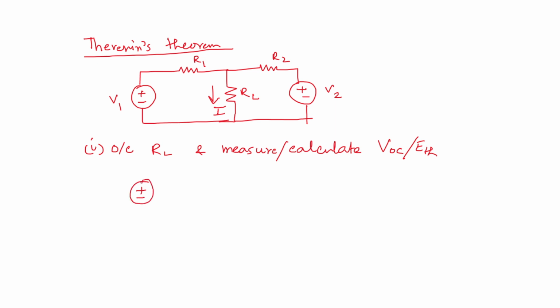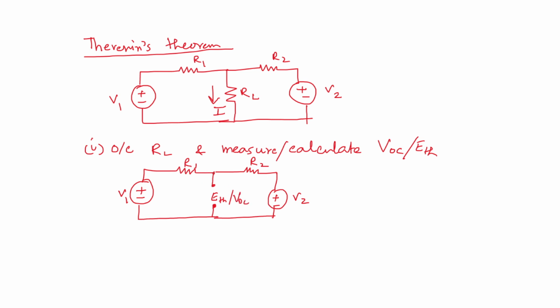This is V1, this is R1, this is R2, this is again V2, another voltage source. Now this is open circuit, so this is ETH or open circuit voltage. Whatever voltage appears across these two open circuit terminals is called E Thevenin or open circuit voltage.